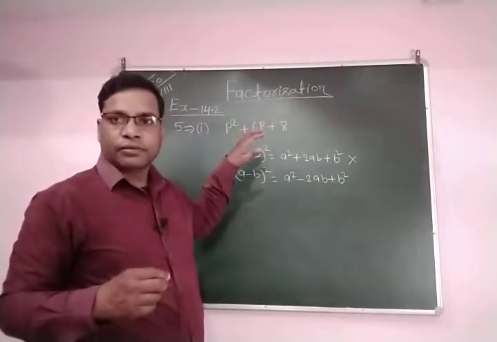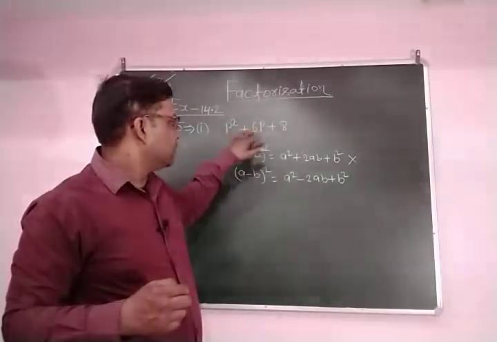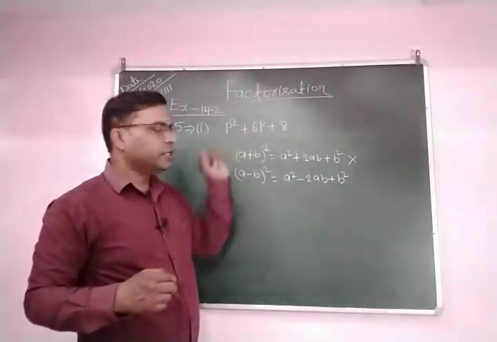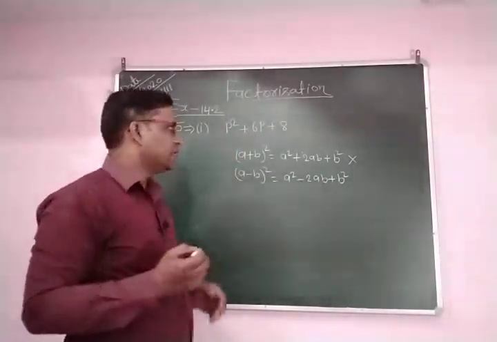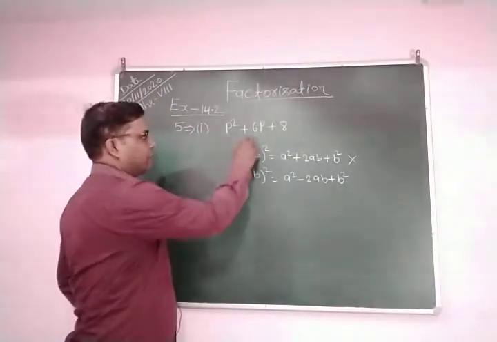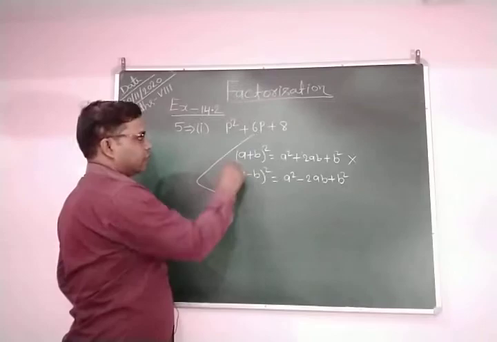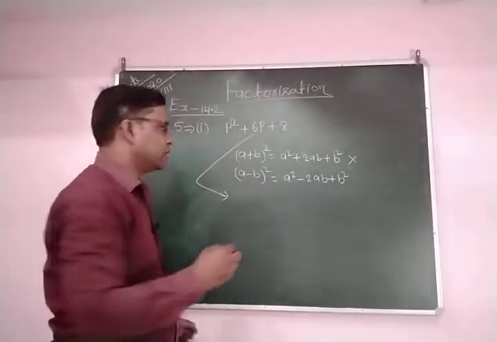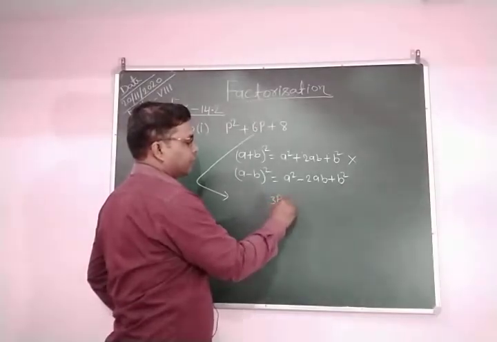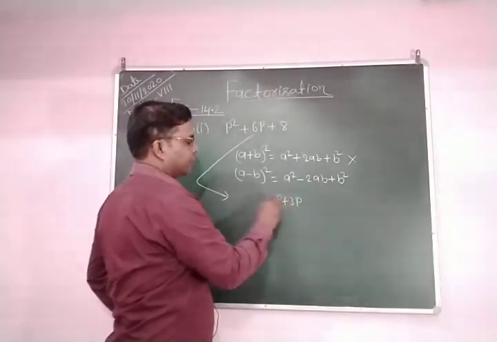Nothing is common in three terms. And if you divide the middle term into equal parts, this becomes 3p plus 3p.